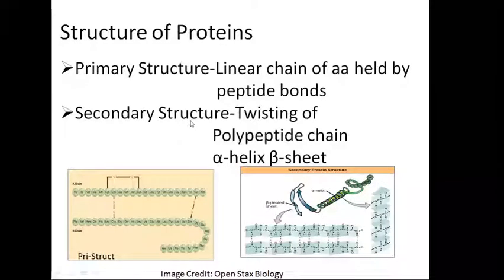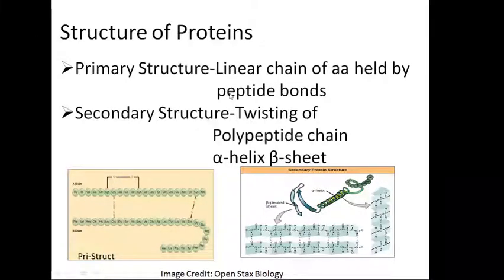You have the secondary structure. Just look at this. These are two different chains which are joined together by the peptide linkages. Then it is referred to as the primary structure.